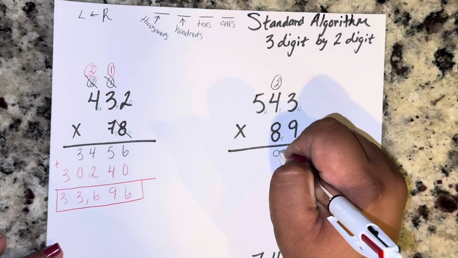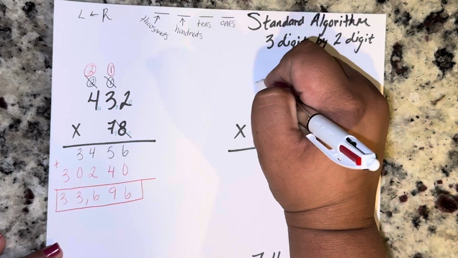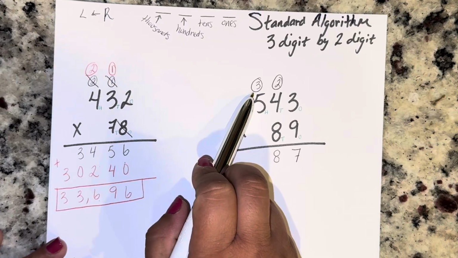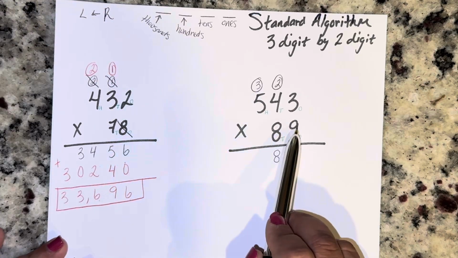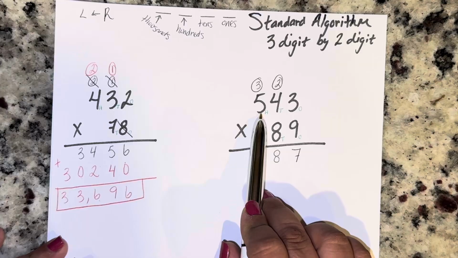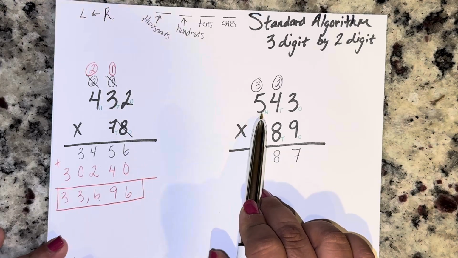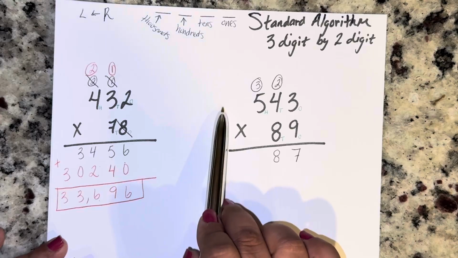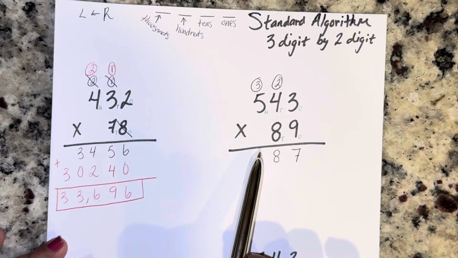I will bring my 8 down. I'm going to regroup my 3. I'm going to circle it to indicate that I need to add it once I get to that point. Now 9 times 5 is 45, plus 3 is 48. I do not have anything further to multiply here, so I can just bring that down.